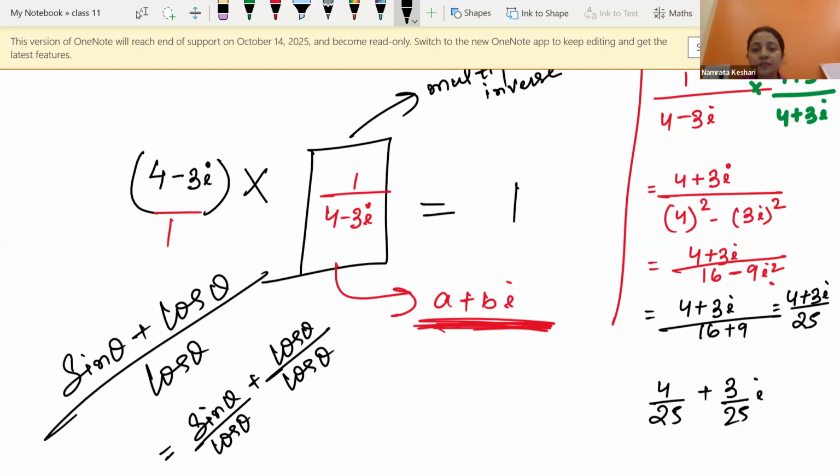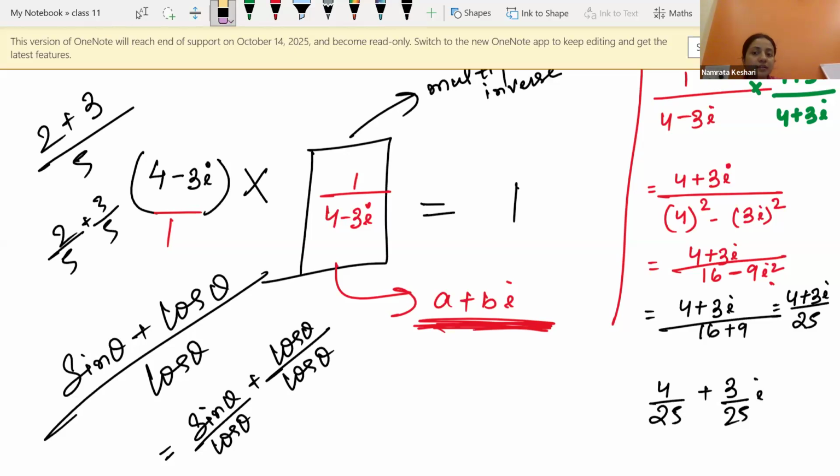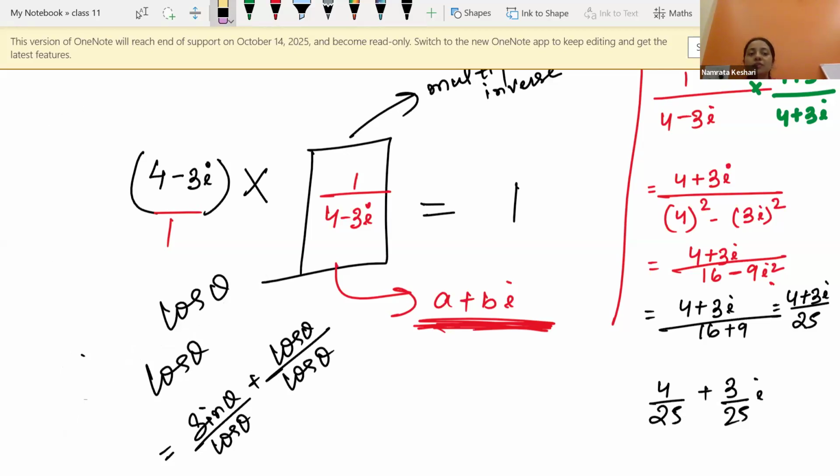Or a basic example: if you have 2 plus 3 by 5, you can write it as 2 by 5 plus 3 by 5. Yes or no? That's how I am just separating the fractions and writing it in the standard form, and we are done. Now one by one confirm whether you are getting it or not.